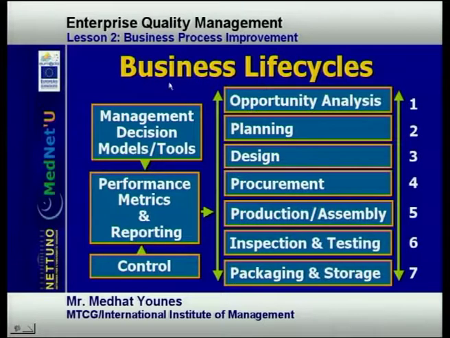On this part of the slide, this shows how the managers manage the main processes through using decision management models and tools, and by tracking performance metrics and reporting, and of course taking corrective actions for controlling the performance of each business life cycle.